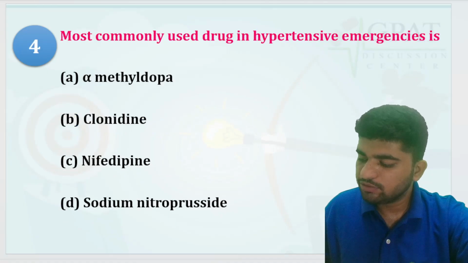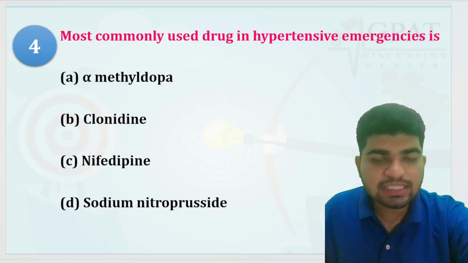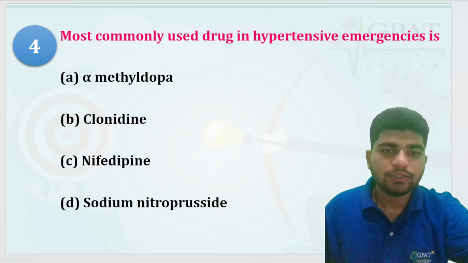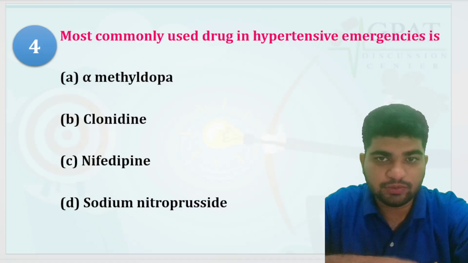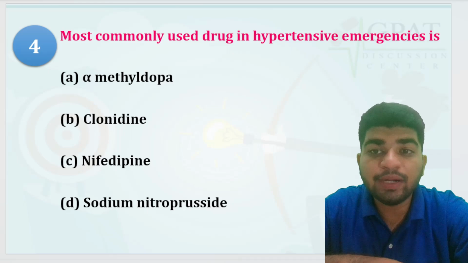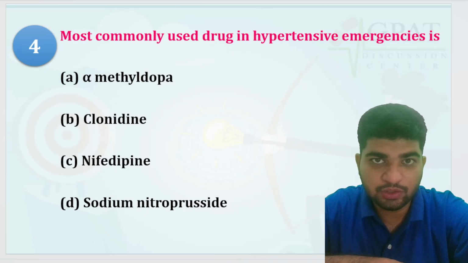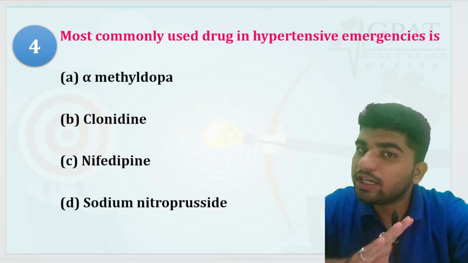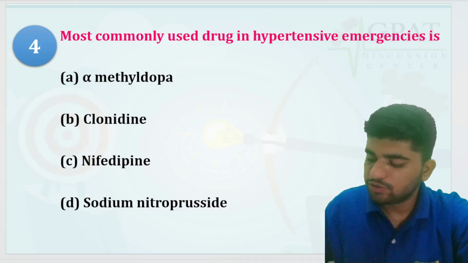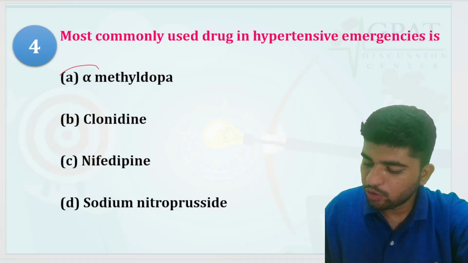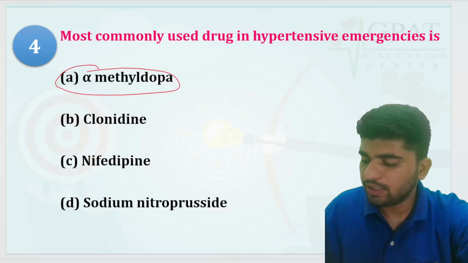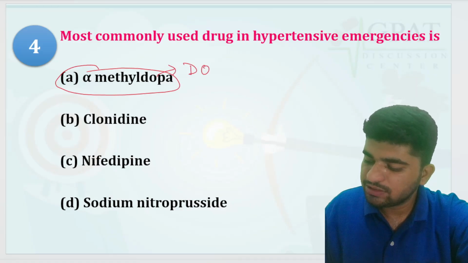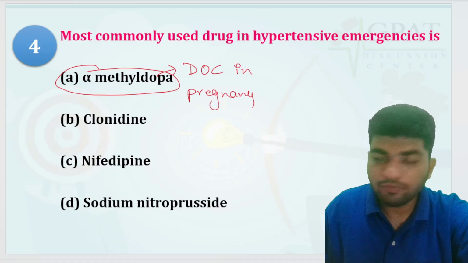The most commonly used drug in hypertensive emergencies is. Out of these four drugs, one is used in hypertensive emergencies, in a normal patient, not in pregnancy. Alpha methyldopa is a DOC in pregnancy in the case of hypertension.